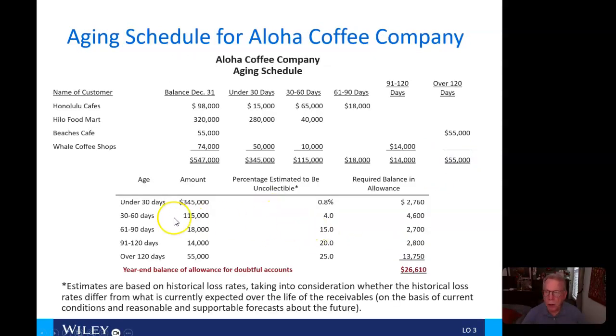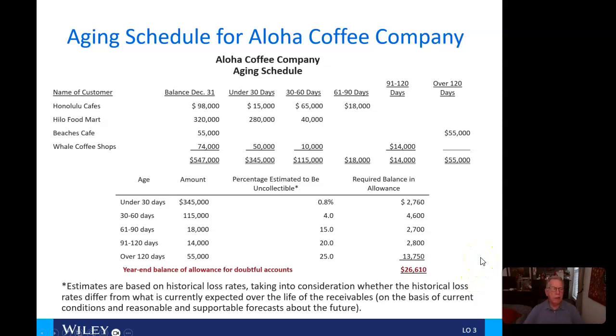So how we're going to estimate this is we're going to take each one of these column totals here and multiply them by the estimated percentage we think is going to be uncollectible here. And multiply those through times each particular column. And that gets me to 26,610.